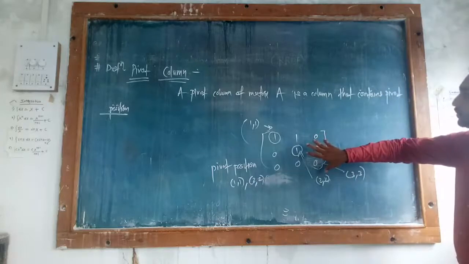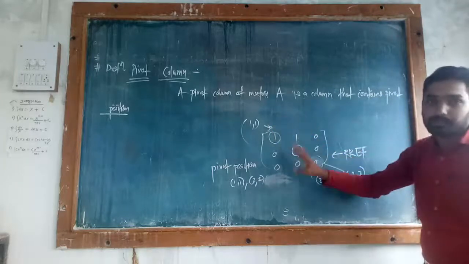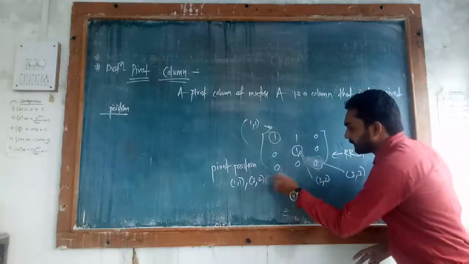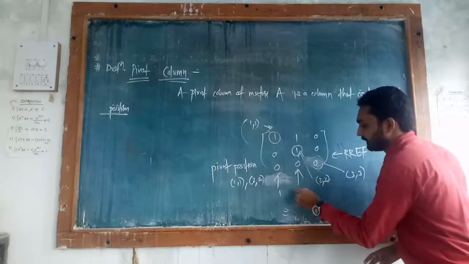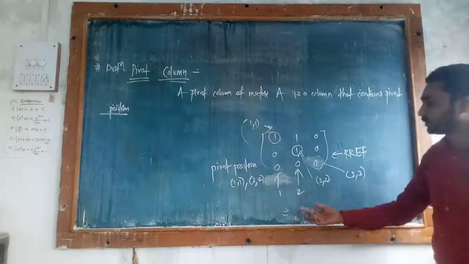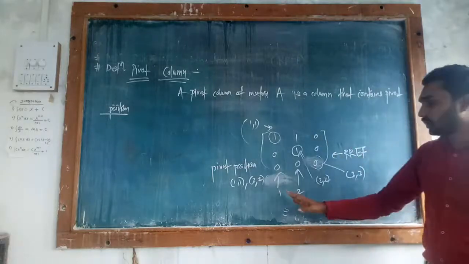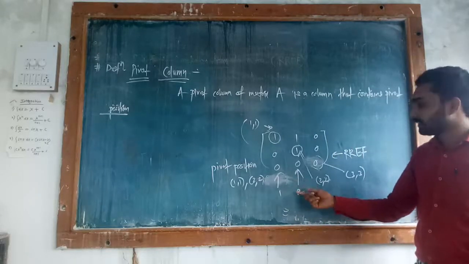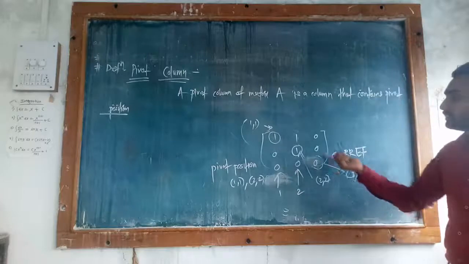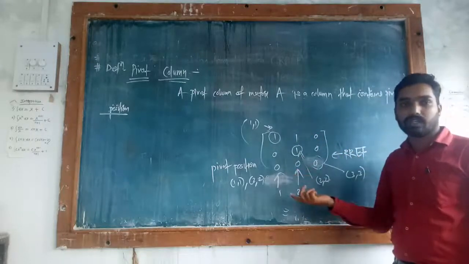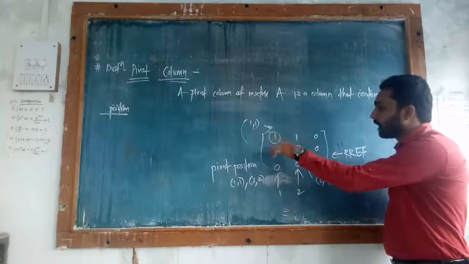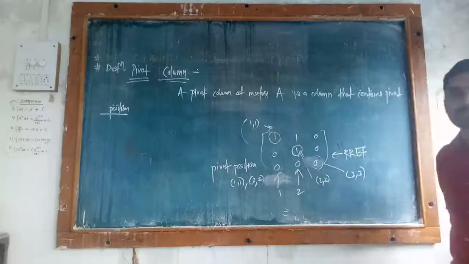The pivot positions are present in the first and second column. So what is your pivot column? Pivot columns are 1 and 2. Wherever a pivot position is present in the matrix, that column becomes your pivot column.